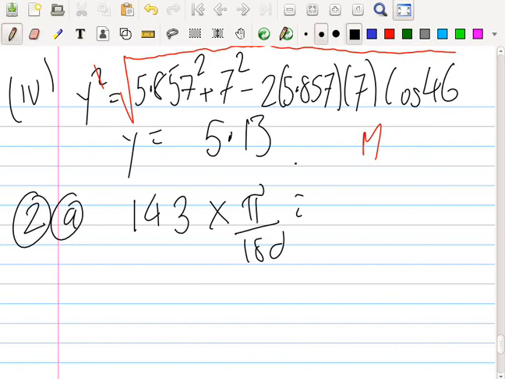Usually they're quite happy to have this in decimal places in the exam, unless they tell you not to. So this would be 2.495. So if I did round off, it'd be 2.5. You got that? Okay. B.